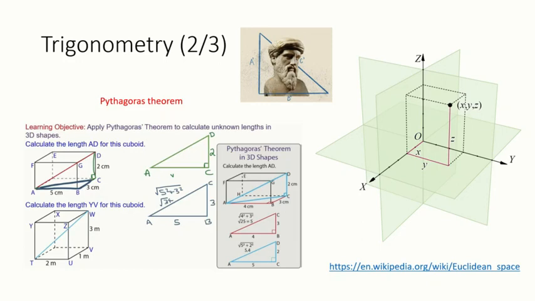This is A, this is D. You just apply the Pythagoras theorem twice, then you get the distance between A and D. As I said, this is applicable to even higher dimensions. This is only 3D, but if you have 4D, 5D, you just keep adding your terms. You get the distance between 2 data points in higher dimension. Okay?